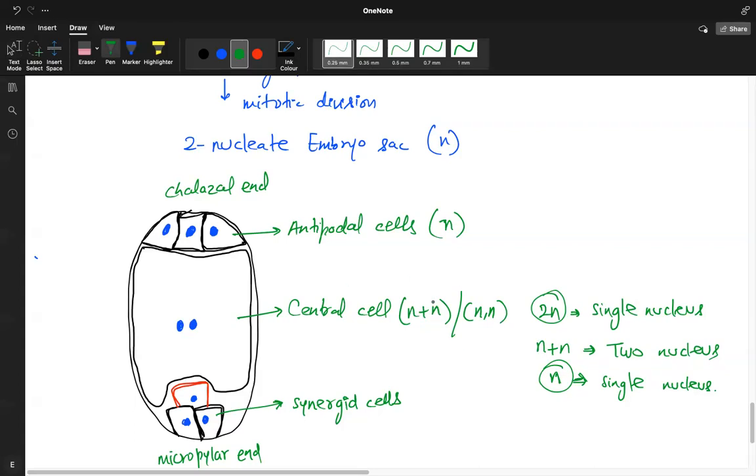People have accepted N plus N because we write it plus because they both are in the same cell. And they both are contributing to the protein synthesis or whatever is happening in the cell. So it's an additive effect. Biologically, the presence of 2 nuclei, both of them haploid, in the same cell has an additive effect on the process of transcription and translation.